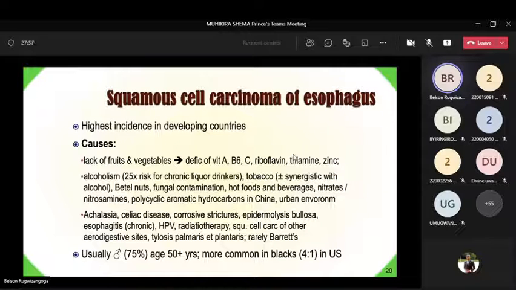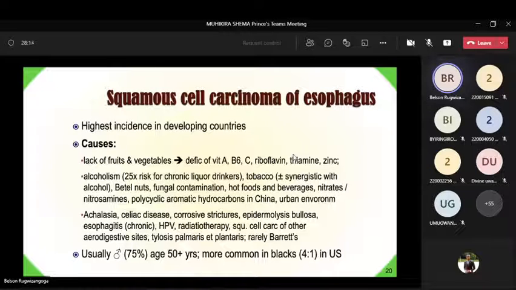There are also polycyclic aromatic hydrocarbons, which are produced in China. And also those living in an urban environment. The urban environment itself may not be the cause; the problem is the lifestyle of those who live there.